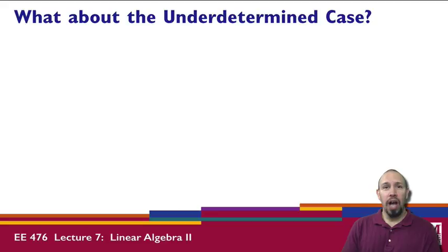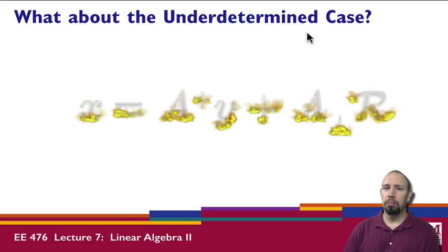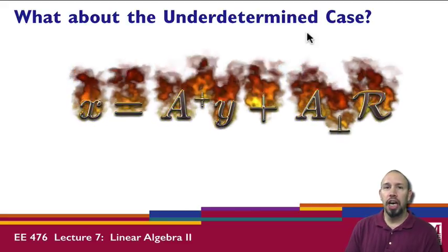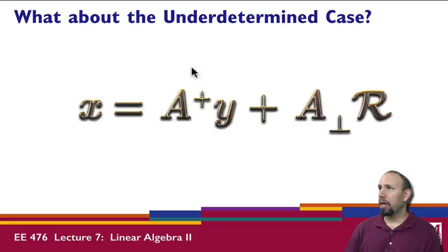Okay, so how do we go about solving the underdetermined problem? We've talked about the solution to the overdetermined problem. How do we solve the underdetermined problem? Well, we have already seen that the general solution to the underdetermined problem is given by this formula: x is equal to A pseudo-inverse times y plus A perp times r, where r can be anything.